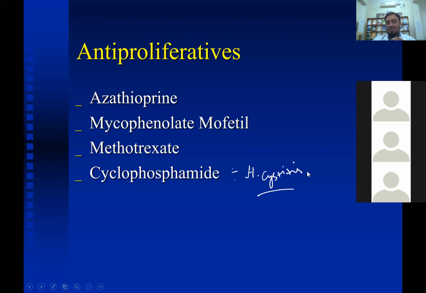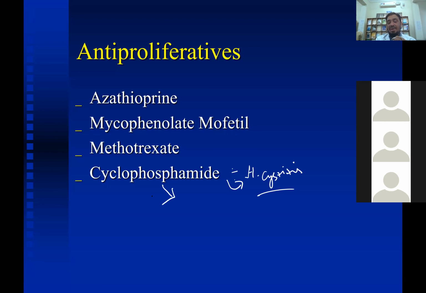Nausea, vomiting, bone marrow depression, alopecia are the common ones seen with any anti-cancer drug, because they inhibit rapidly dividing cells. That is why bone marrow depression and alopecia occur. But the important adverse effect of cyclophosphamide, which you should remember, is hemorrhagic cystitis, which is because of the metabolite.